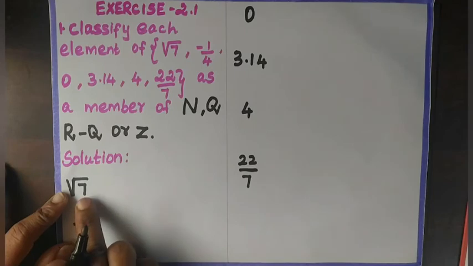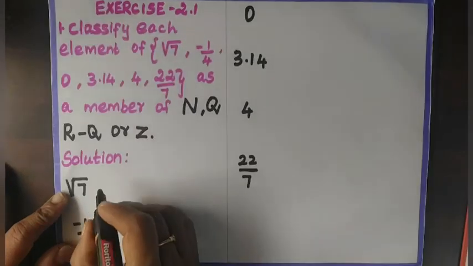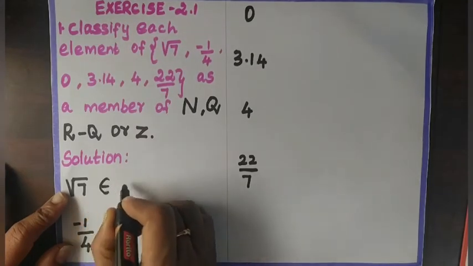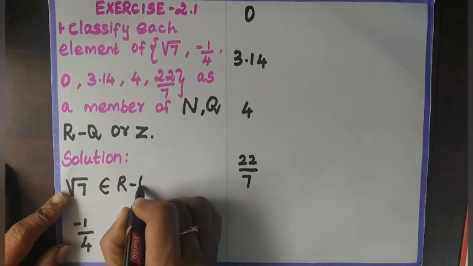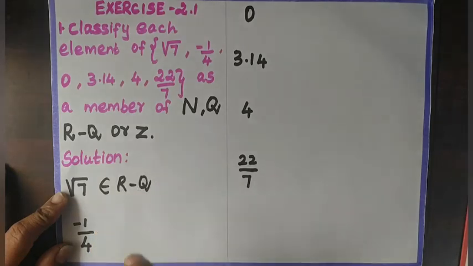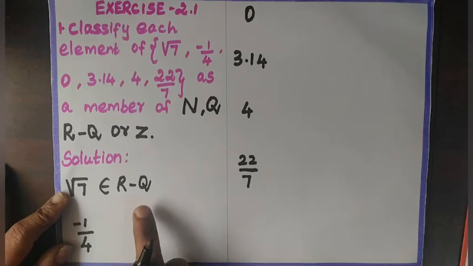Take the first element, root 7. Root 7 belongs to R minus Q. From the real numbers, if we remove the rational numbers, the remaining numbers are irrational numbers.